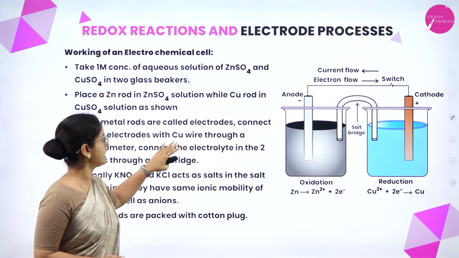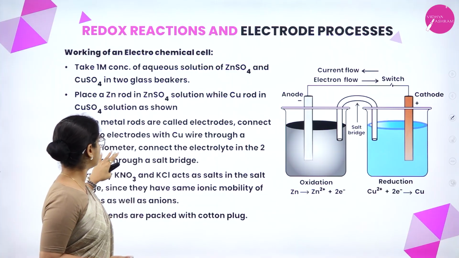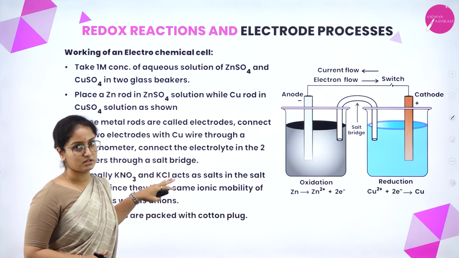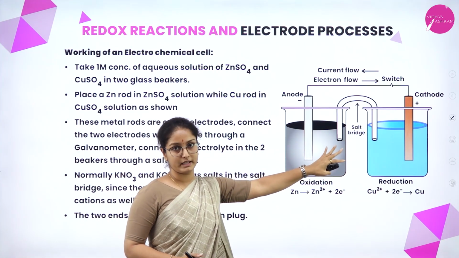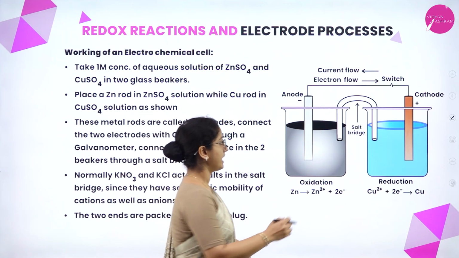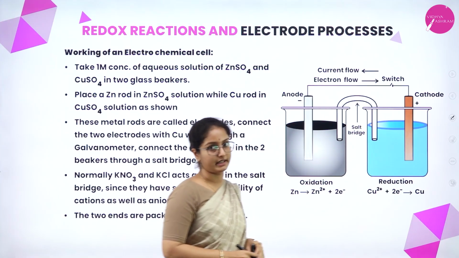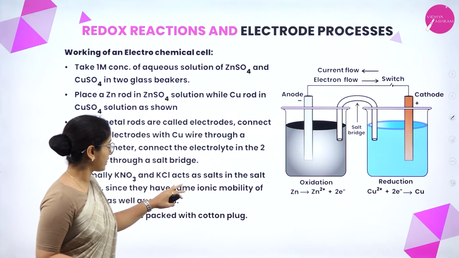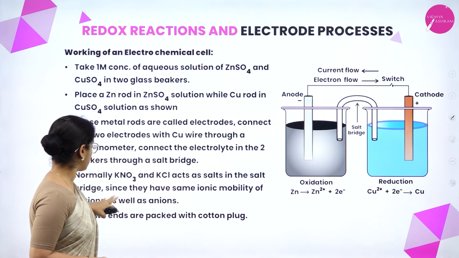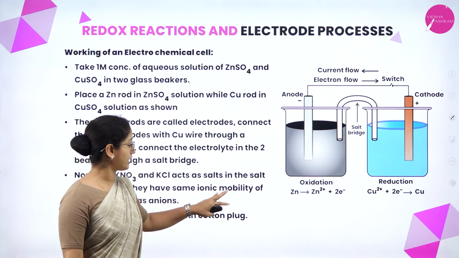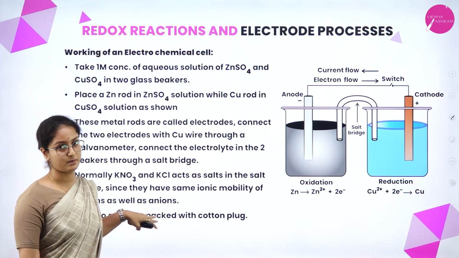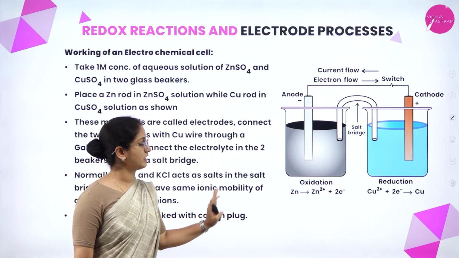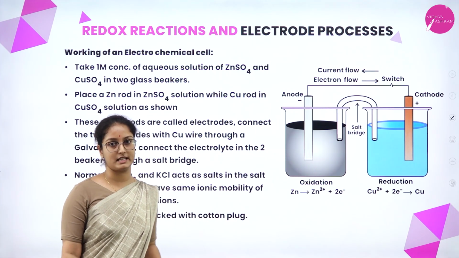Connect the 2 electrodes with copper wire through a galvanometer. Connect the electrolytes in the 2 beakers through a salt bridge. Normally, potassium nitrate or potassium chloride acts as the salt in the salt bridge since they have the same ionic mobility of cations as well as anions. The 2 ends are packed with cotton plugs. That is how the experimental setup goes.